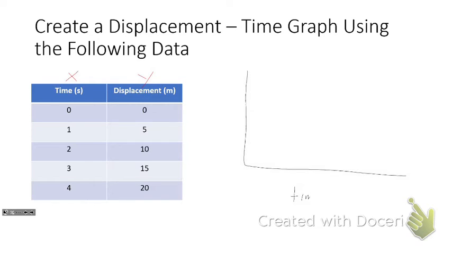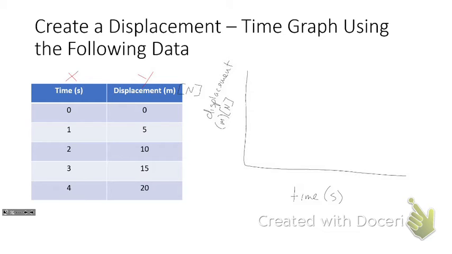Time is going to go on the x-axis, so make sure you include your units, okay? And then displacement, let's say this is meters north, will go on the y-axis, okay? Time almost always goes on the x-axis, because time is a controlled variable, and we always want to put the responding variable on the y-axis.